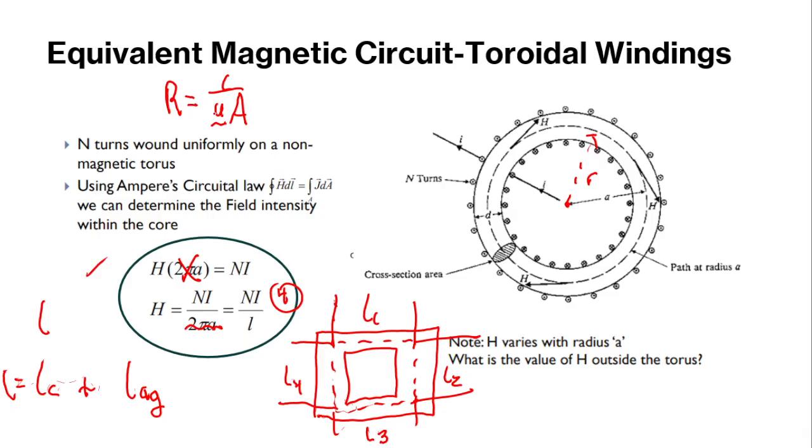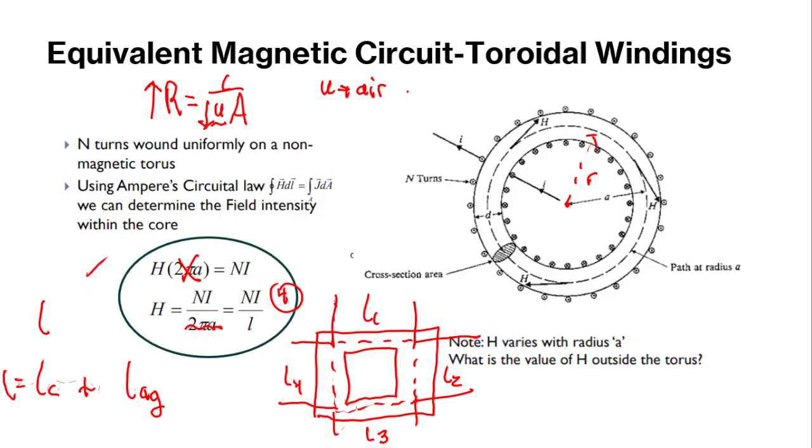That's using math: if this decreases by a lot, this will increase by a lot. The mu for air is very small, and the mu for the core is not very big, but it's just big enough to not give you a huge value for R. Everybody cool with that?